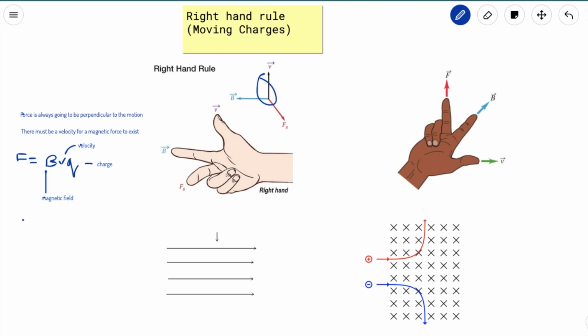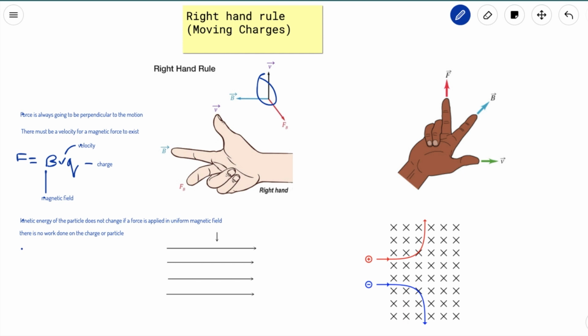So what does that mean? That means the kinetic energy of the particle does not change if a force is applied in a uniform magnetic field, because there is no work done on the charge or particle.